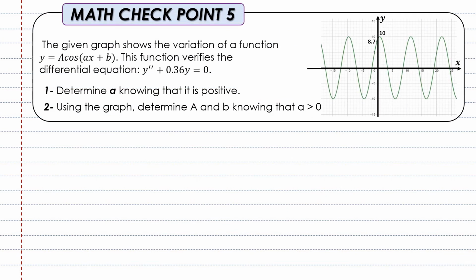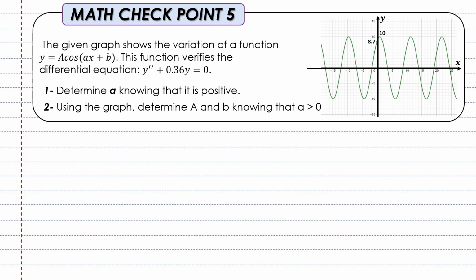The last application on mathematical requisites is an exercise including oscillations or trigonometric functions and differential equations at the same time. Consider a graph, which is shown on the right side, which is the representation of a function y equals A cosine (ax plus b). This function also verifies the differential equation y double prime plus 0.36y equals 0.